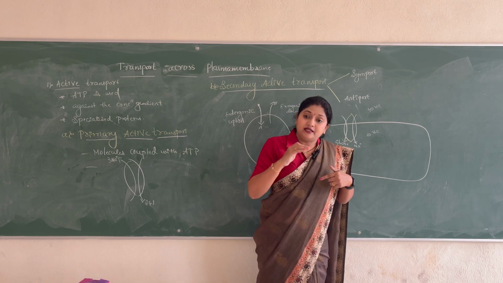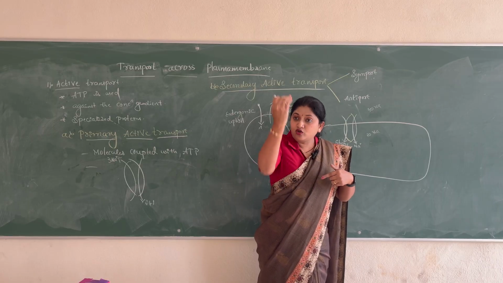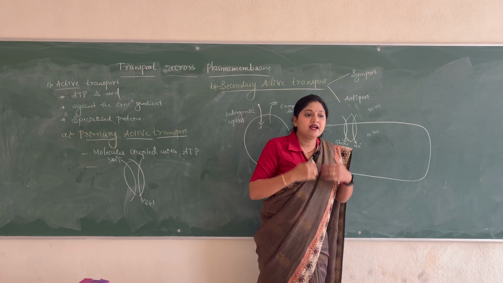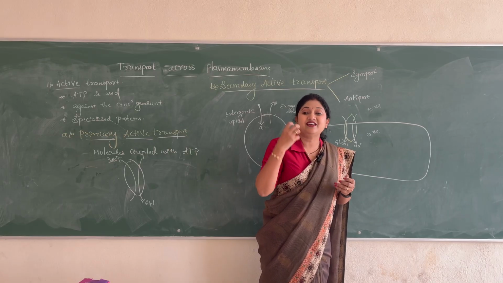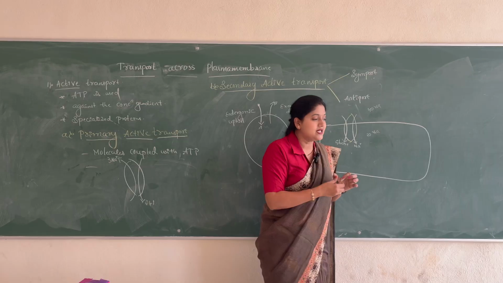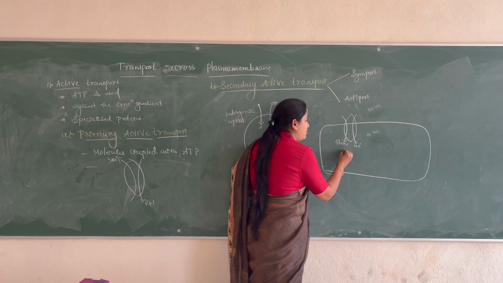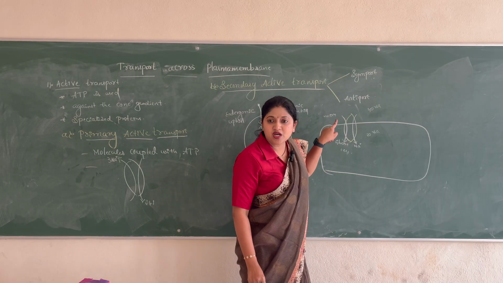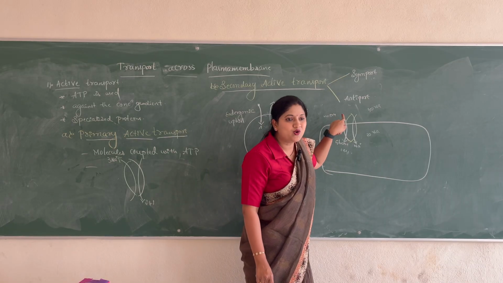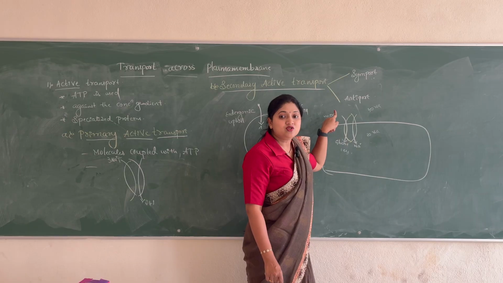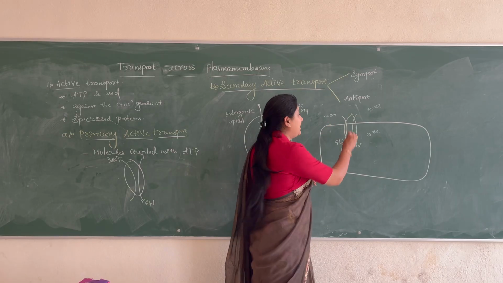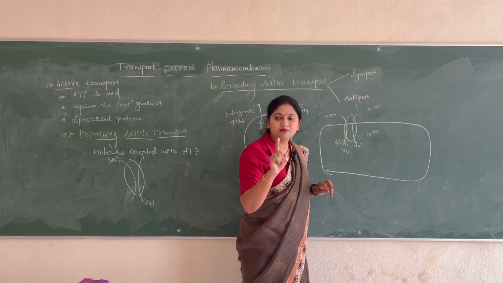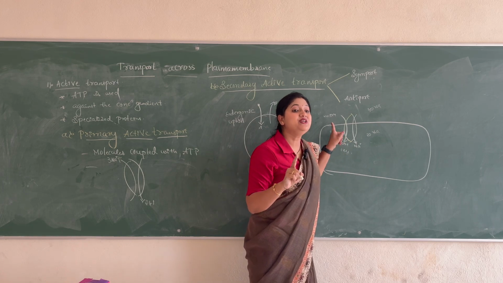It draws the glucose only when there is a lack. So here there is less glucose, hence from the extracellular matrix where there is more glucose, it is taking it. This is fine, but for this movement we definitely require ATP because it is a nutrient molecule.